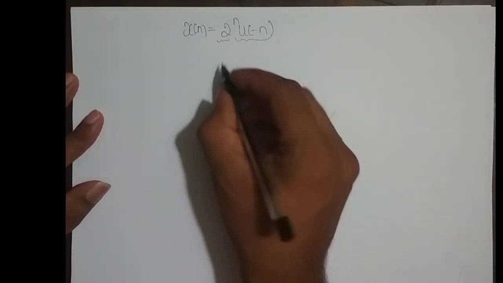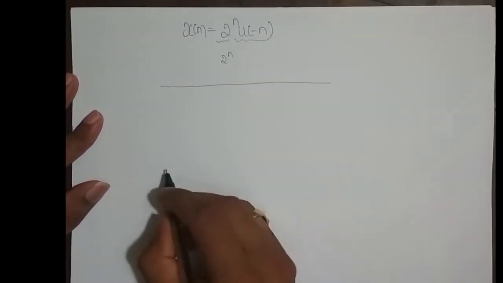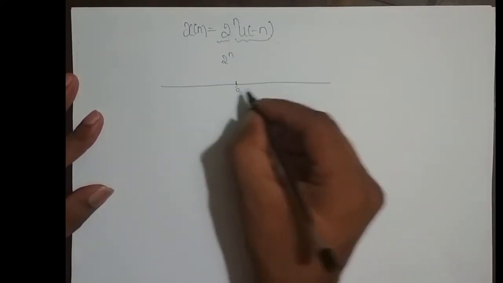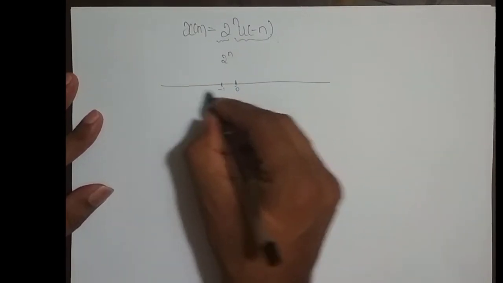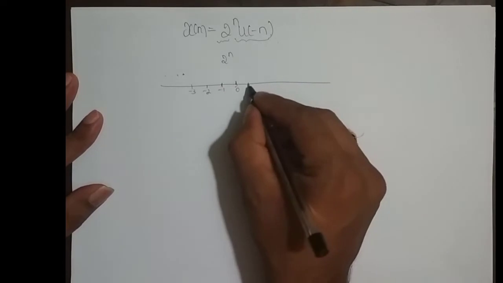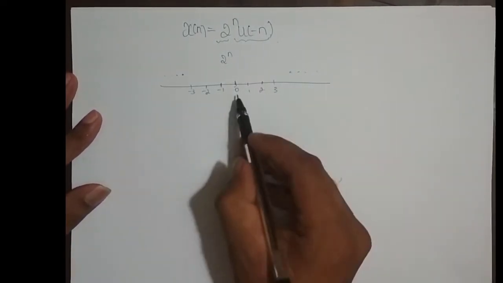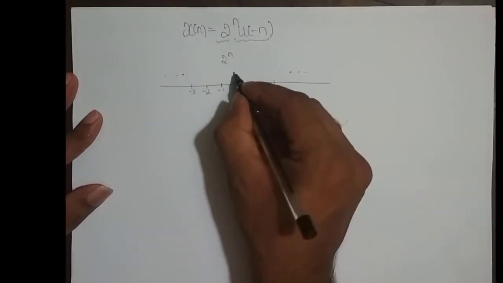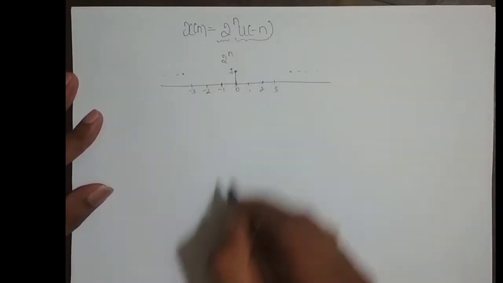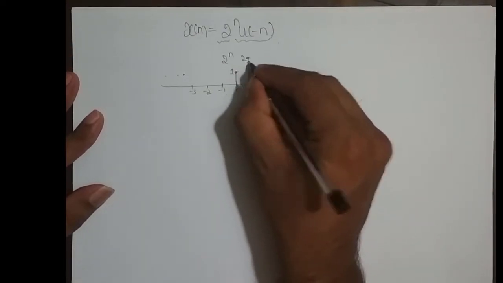How does a 2 power n signal look like? It is varying from minus infinity to plus infinity. When n equals 0, 2 power 0 is 1. When n equals 1, it is 2 power 1, which is 2. When n equals 2, it is 2 to the power 2, which is 4.